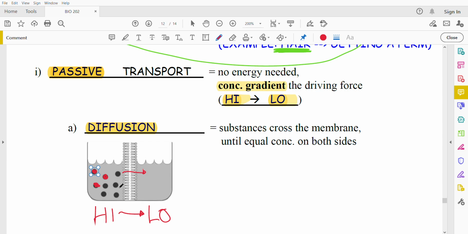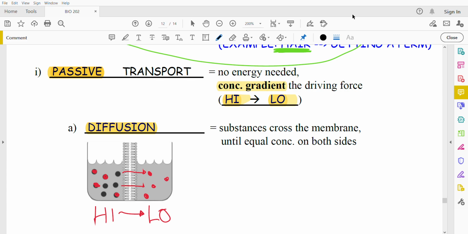And this keeps happening until the amount of substance is the same on both sides. So in this case, until we would see 4 balls on both sides. Now, the concentration is the same on both sides.